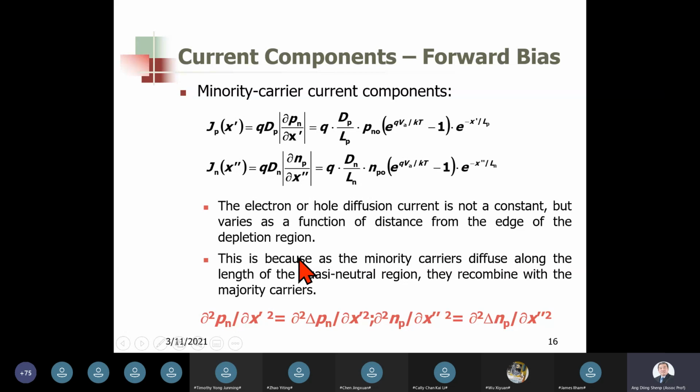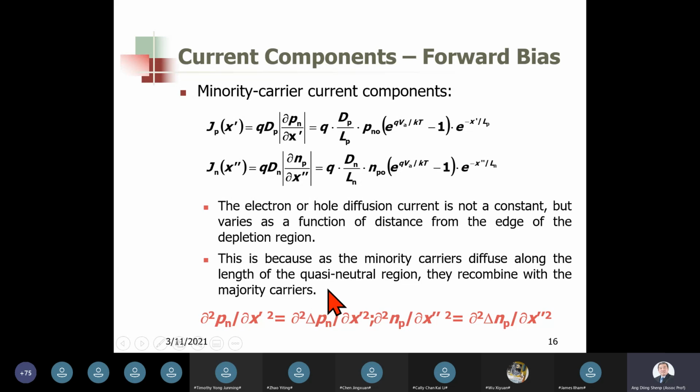In other words, the diffusion current decreases as a function of distance into the quasi-neutral region. Why is that the case? Because as the minority carriers diffuse, they recombine. So as they diffuse, there are fewer and fewer minority carriers, and therefore the diffusion current also gets smaller and smaller into the quasi-neutral region.